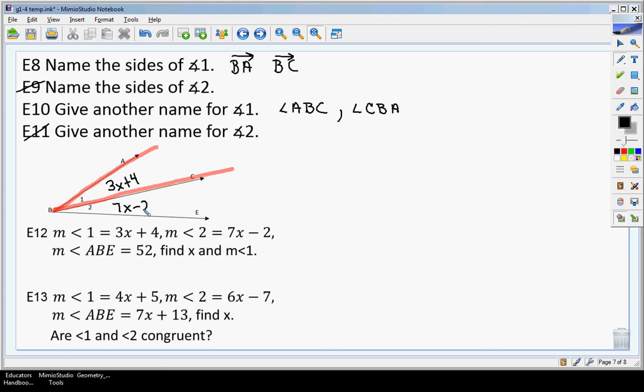Write that into your picture. They said angle ABE, in other words, the whole thing, was 52. They asked me to find two things, the value of x and the measure of angle 1.